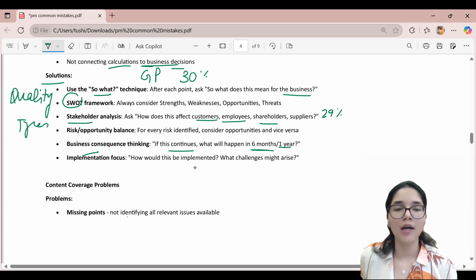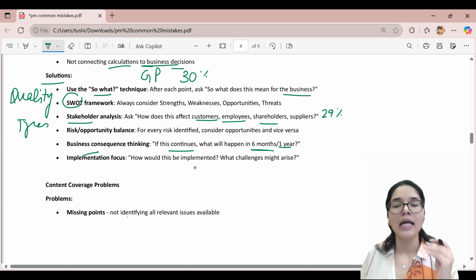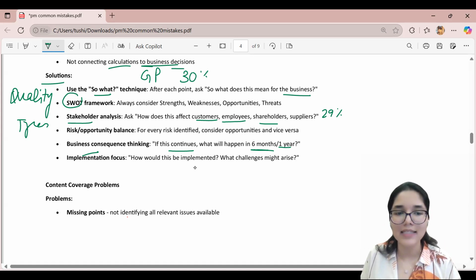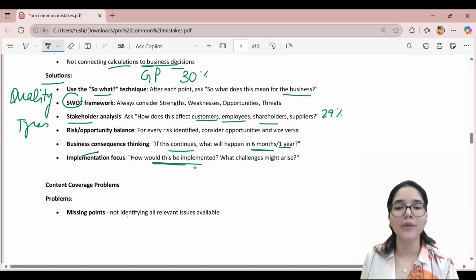Another set of requirements which get asked in the PM paper is if the company is thinking to change their budgeting system. When you think of changing your budgeting system, implementation is not very easy. So how are these things going to be implemented? What are the challenges which might arise as a result of implementing?